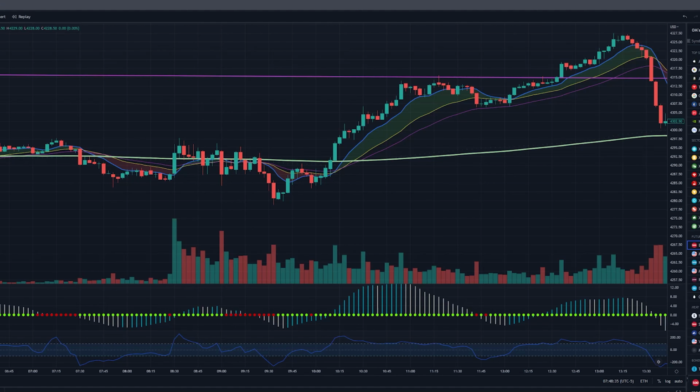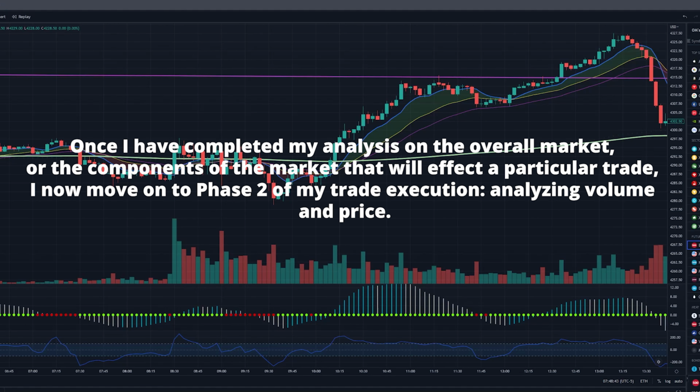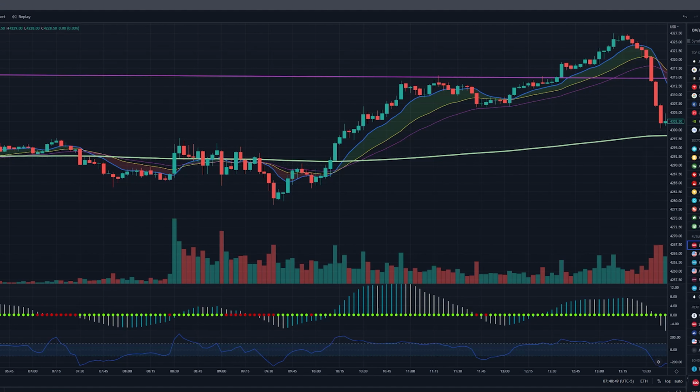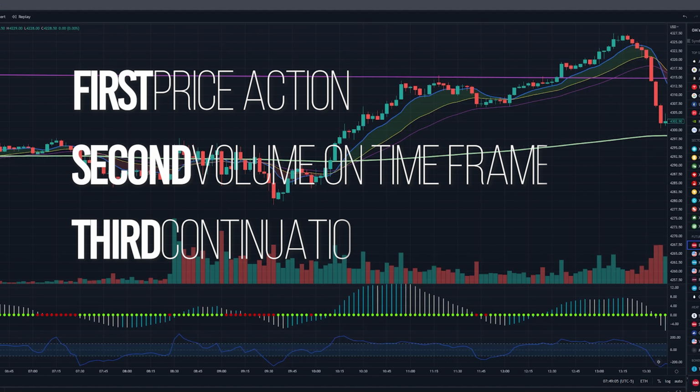So when I am monitoring price action for a potential entry, assuming that I've already done my analysis and research on the market awareness part of things, I'm now refined to the second tenet of my strategy, which is entering based on volume price analysis. There are 3 parts of volume price analysis that I look for in an entry. And that 3-part list is first, price action, second, volume associated with price action, and third, the follow-on or continuation candle.